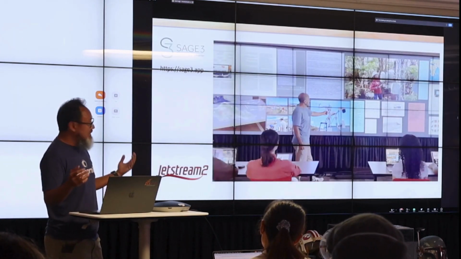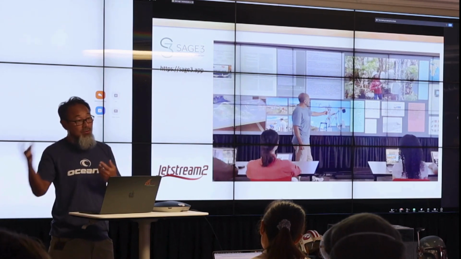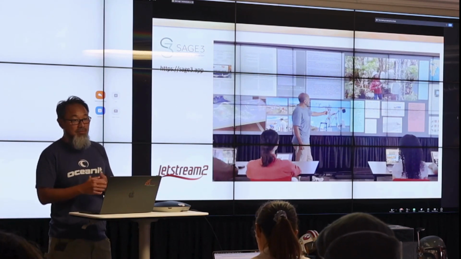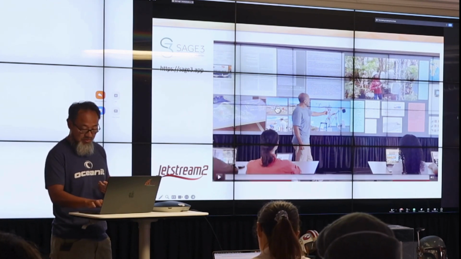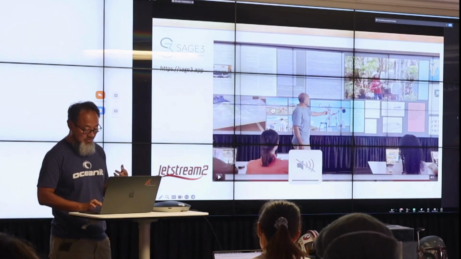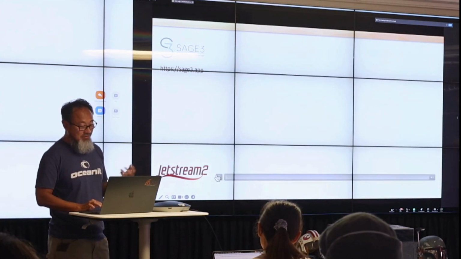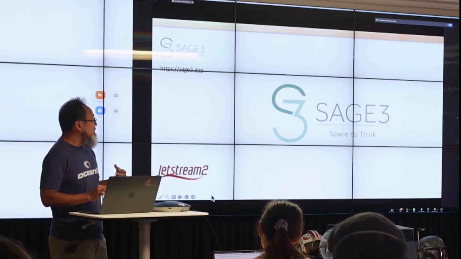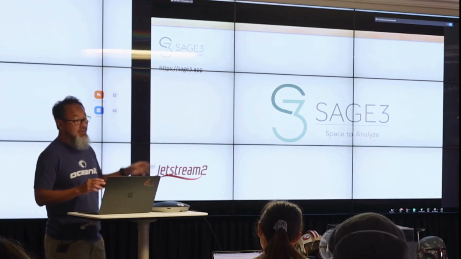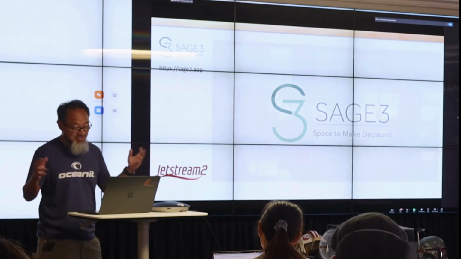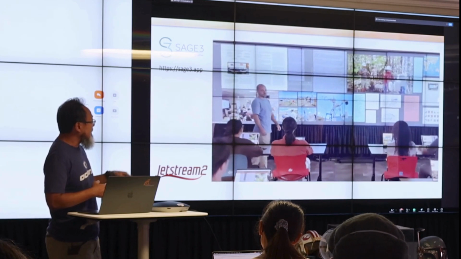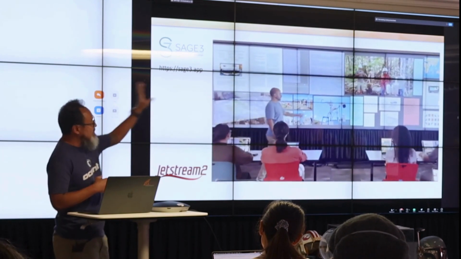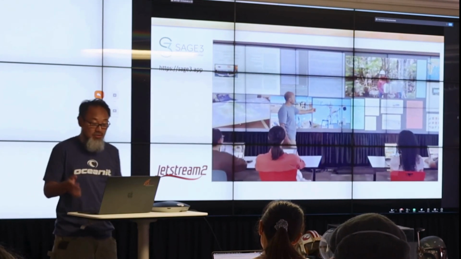I mentioned all the data. Well, part of it goes to the Hawaii Mesonet, which is supported by Sean, but also we have data going into our software called also SAGE, which stands for the Smart Amplified Group Environment, and it's an environment that runs on walls like this, but also actually on laptops.